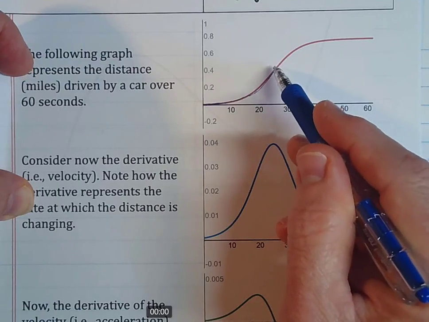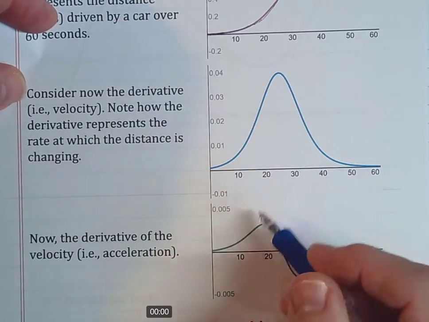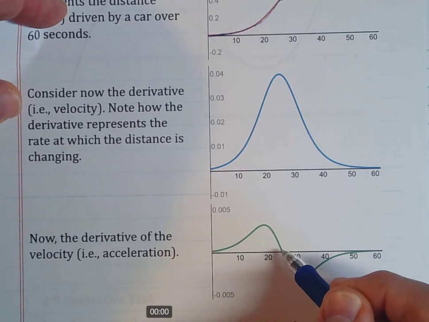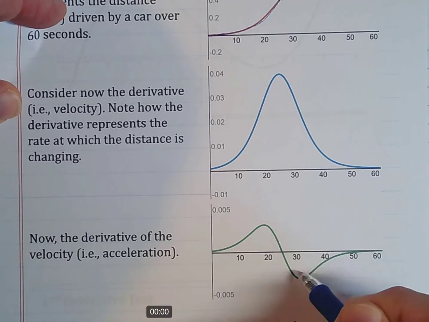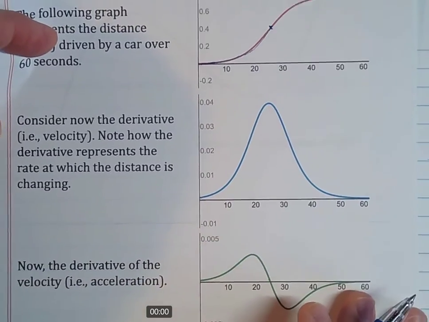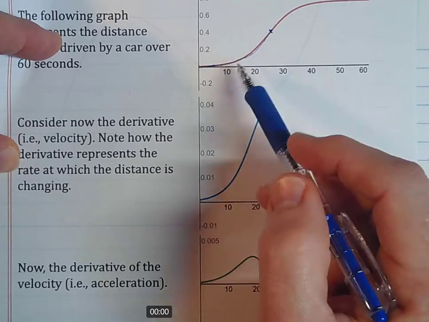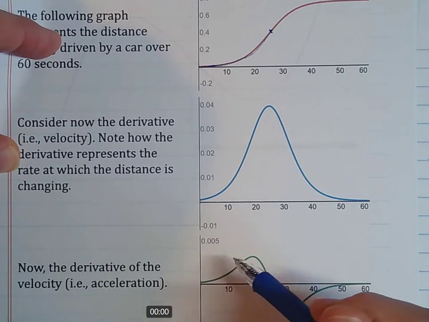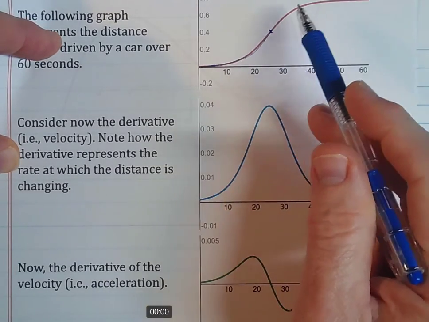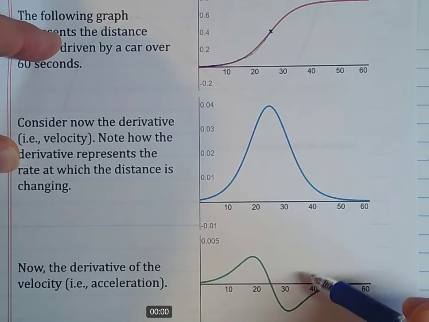And remember, it's at this point right here where we change, down here in the second derivative graph. It changes from being positive to being negative. And so it seems like what's actually going on here is that wherever we have this smiling shape, the second derivative is positive, and wherever we have this frowning shape, the second derivative is negative.